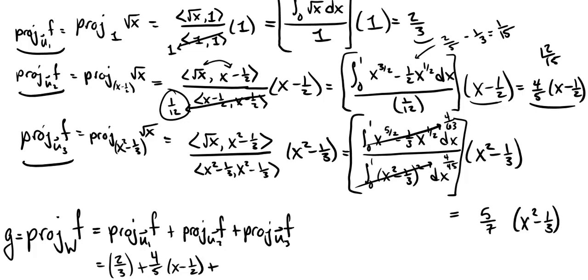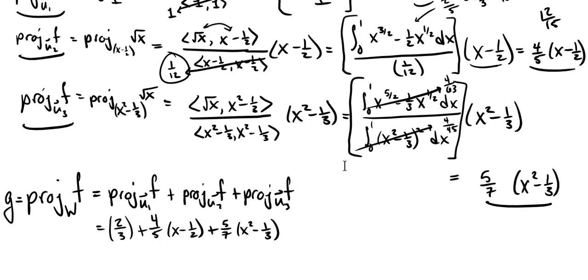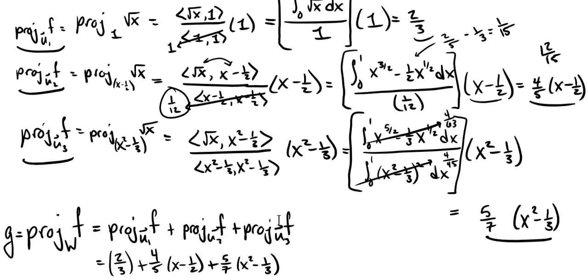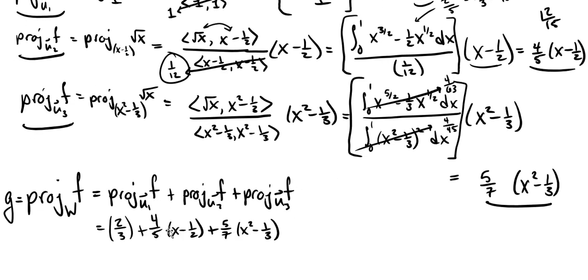And finally, projection of f onto U3 was 5/7 of x squared minus a third. And if you wanted to, you could expand this out and write this in terms of that standard basis for P2. But this, in terms of those orthogonal basis vectors, is what we get, right?